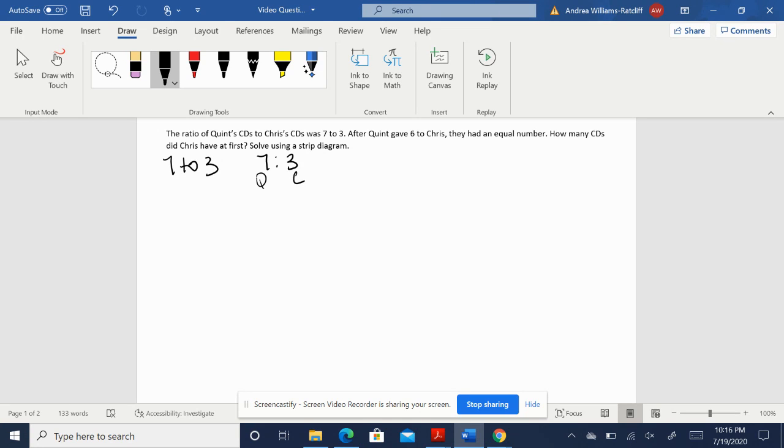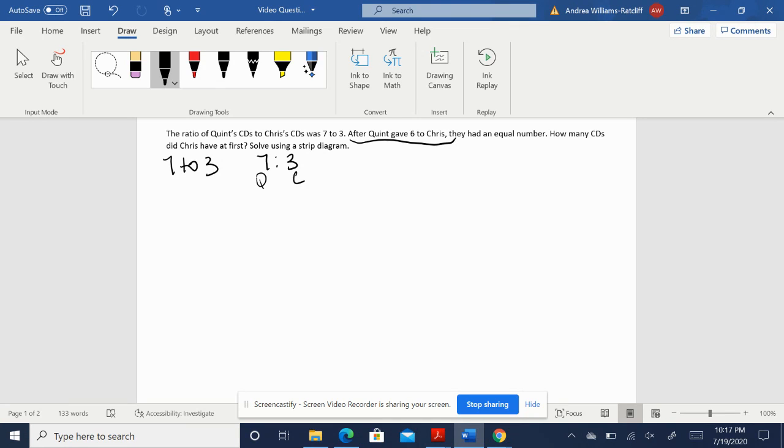But we know for every 7 CDs that Quint had, Chris would get 3. Whether that happened once, twice, or 3 times, we don't know, but we know this is the relationship between their two quantities. Now, what we do know is after Quint gave 6 to Chris, they had an equal number.